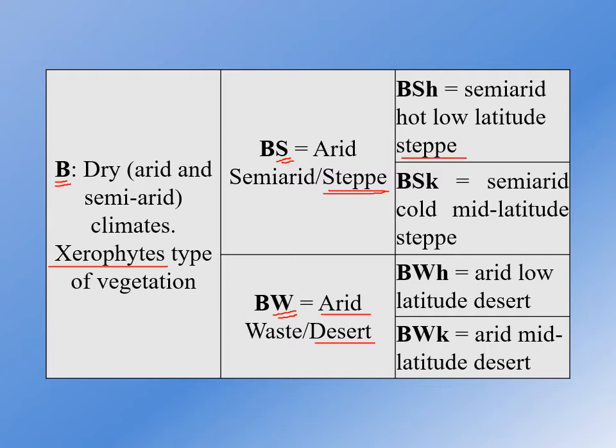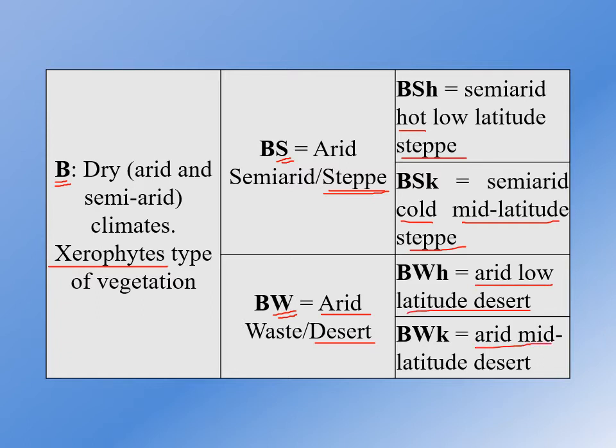So you can see the h and k are basically indicating a hot and cold climatic condition, and depending on that, the latitude condition also varies. In case of BW, when h and k are added, it indicates arid, low latitude desert climate, and the second group, that is arid mid latitude desert climate.